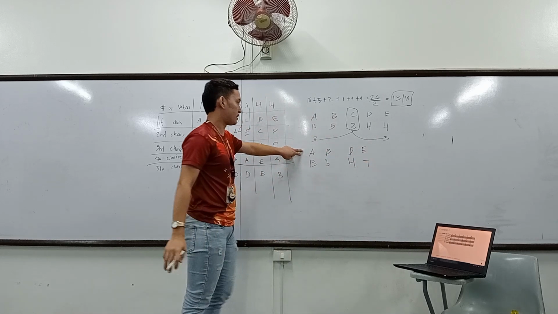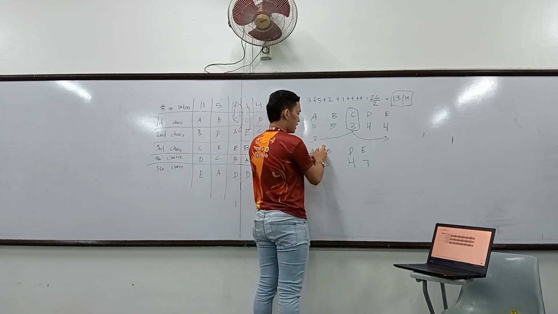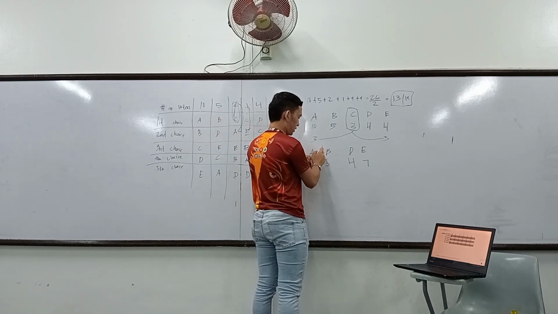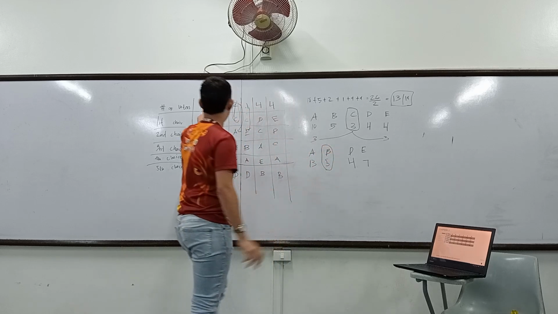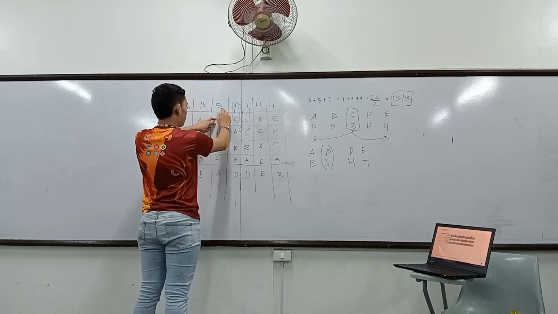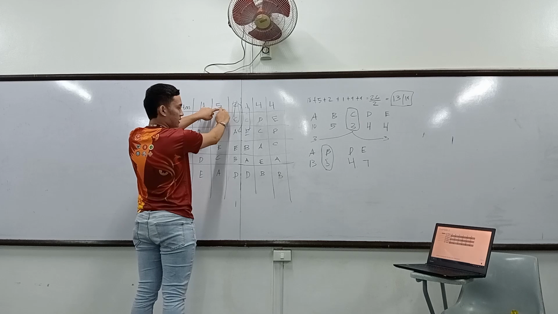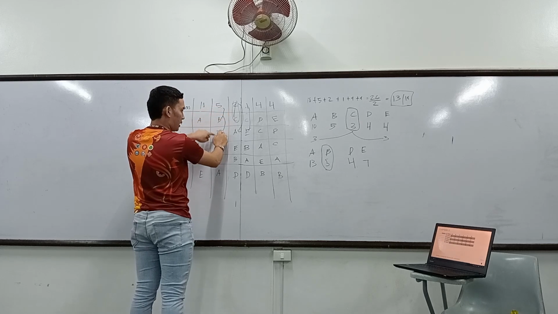So as you can see again, candidate letter B would be eliminated because he got the lowest votes in this case. As you can remember, candidate letter B is eliminated. Letter B will pass to letter D.